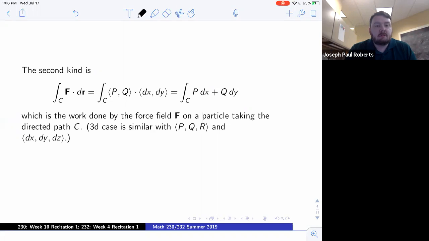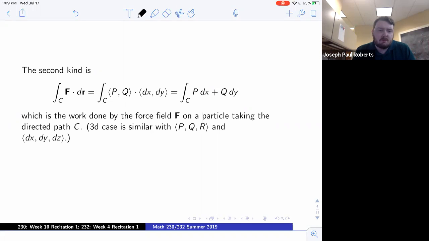And this second kind of line integral tells you the work done by the force field on a particle taking the path C. So I think in physics, you usually talk about the work done by the particle, but in our convention, there's a minus sign that we're off a little bit here. We're talking about the work done by the force field, and they're just related by a minus sign. Not very important at all.